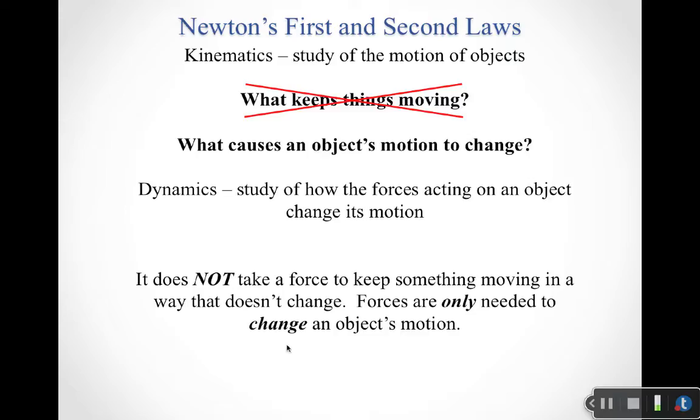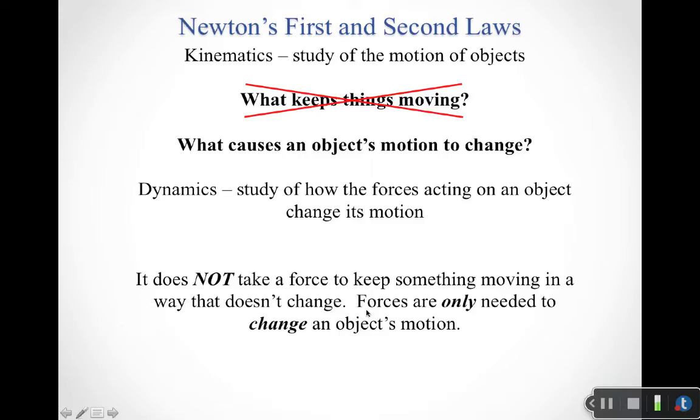Now the way that we tend to think about the problem, because this fits in with our experience, is if you want to slide a block across a table, well, if you let it go, the block is clearly going to slow down. So if you want to keep sliding it across the table at that same speed, keep its motion constant, you've got to keep pushing. But the reason the block slows down is not because you need to push to keep it moving.